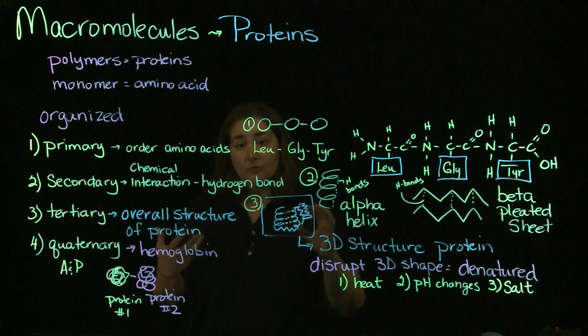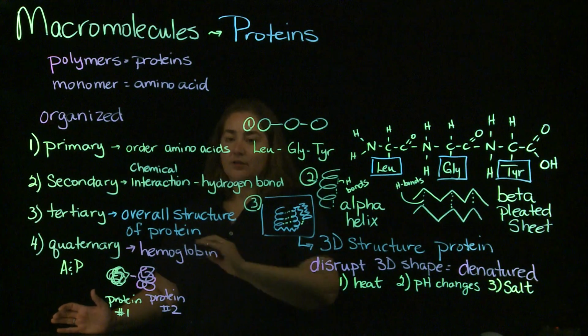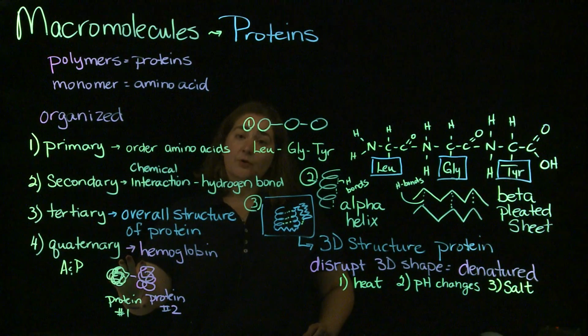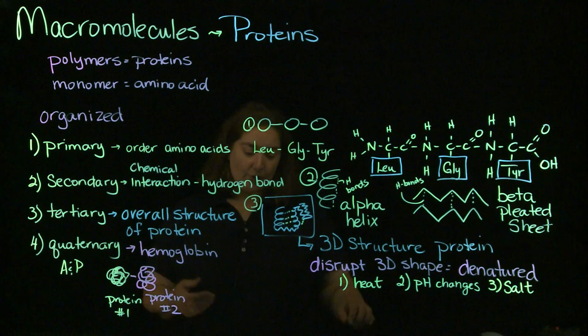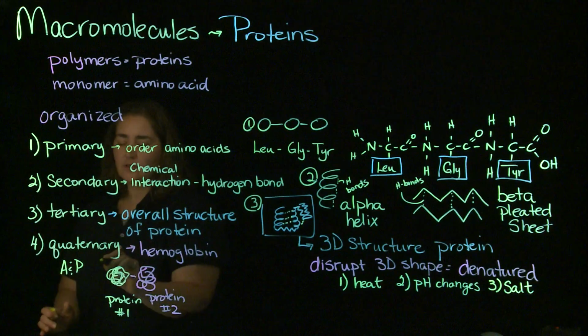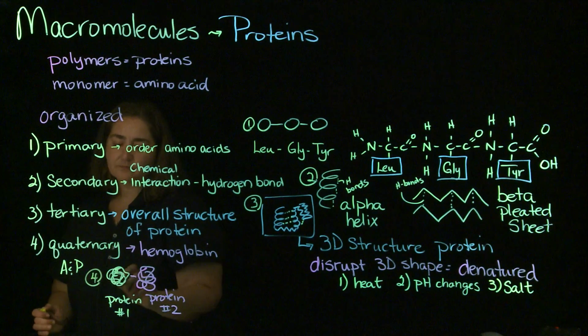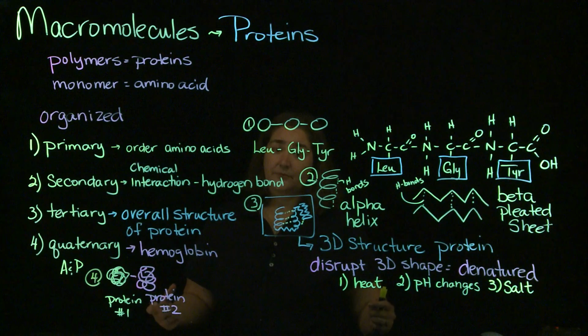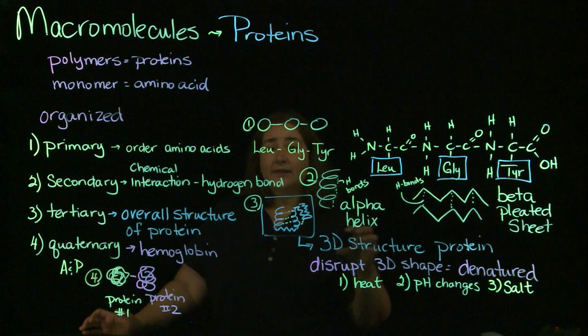For now, I'm not real concerned that you know how hemoglobin functions, but know that hemoglobin is an example of a protein that has quaternary structure. Quaternary, or our 4th level of organization, just means you have multiple protein chains linked together in order for that to be a functional protein, okay?